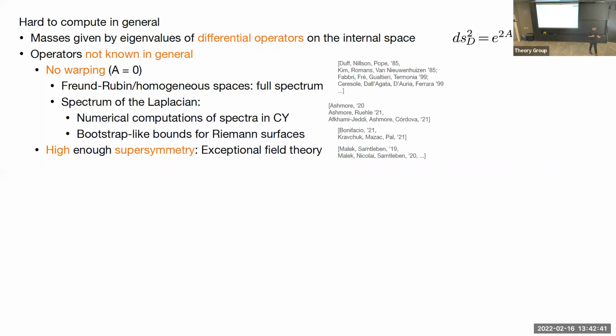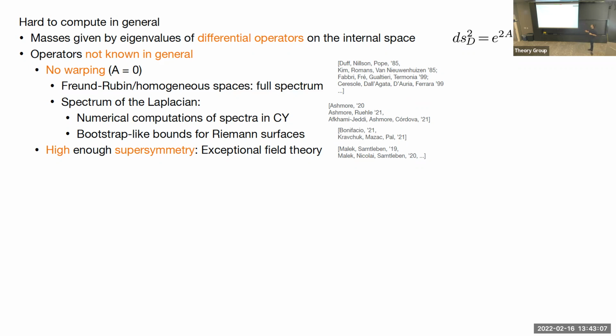Starting from the 80s, these are computations that have been done. For example, for Freund-Rubin compactifications or for compactifications on homogeneous spaces, you can write down the full set of operators and even diagonalize them, thanks to the large amount of symmetry you have in those cases. Or you can even find the spectrum of some of these operators.